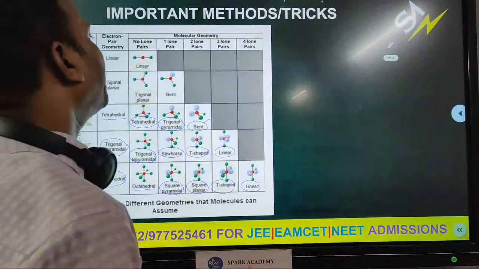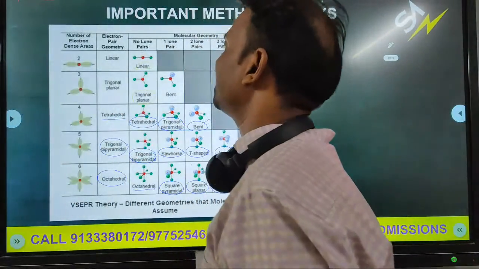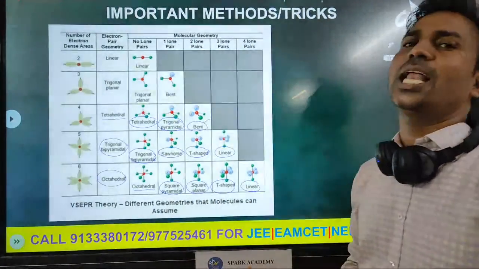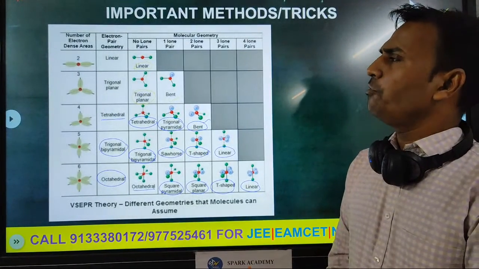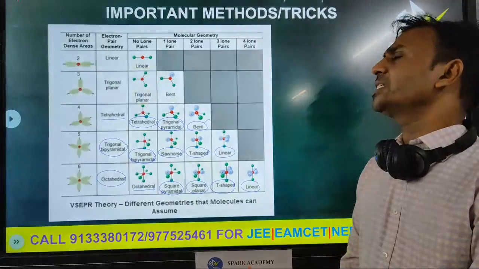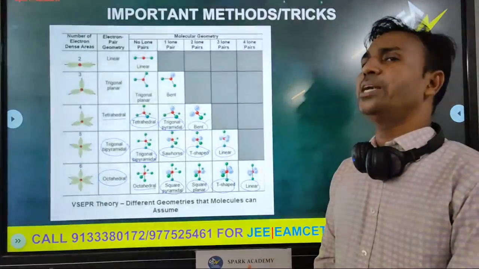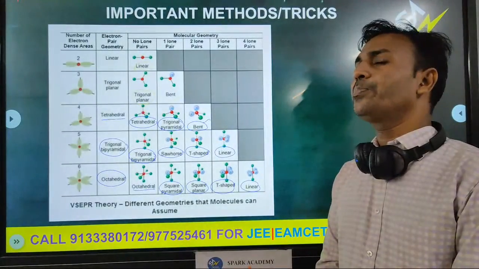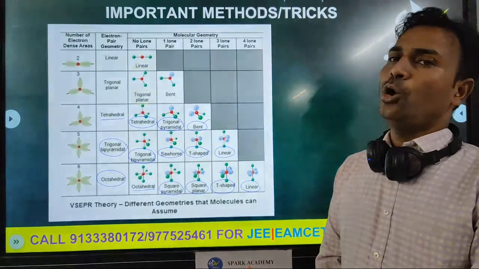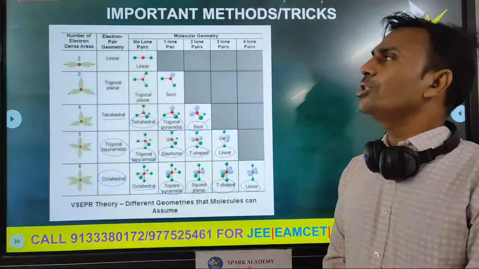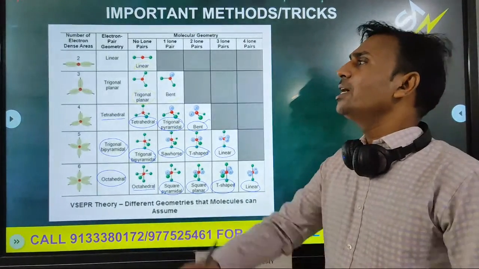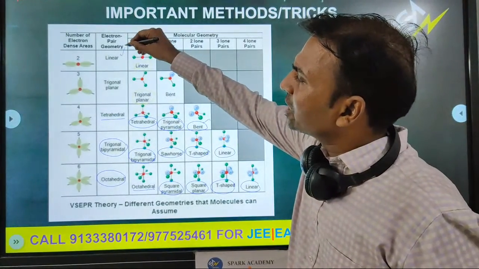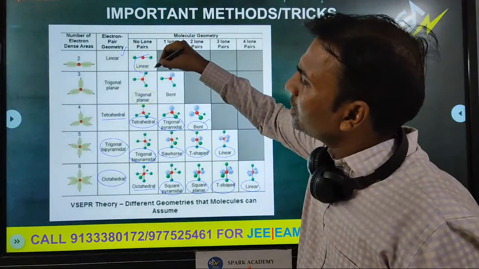In VSEPR theory, valence shell electron pair repulsion theory, due to the number of lone pairs the repulsions increase, especially between bond pair and lone pair. Due to the lone pairs, the original geometry of the structure is distorted.